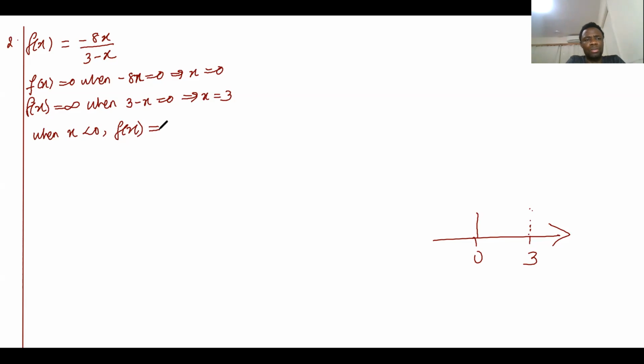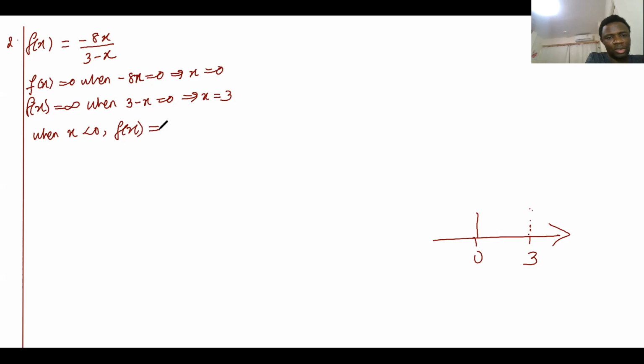All right. So do we all agree it's positive when it is less than 0? Everybody agrees? Yeah, it's positive. For less than 0, that's a negative number. So automatically, the numerator is going to be positive. The denominator will be 3 minus a number, so that's also positive. So definitely, this is going to be positive.